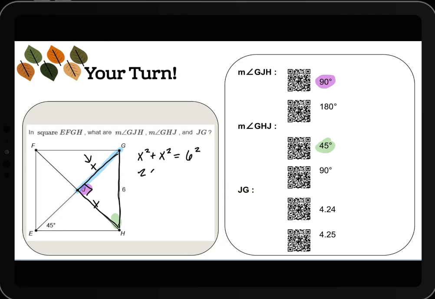So we have 2 times X squared equal to 36. We can divide both sides by 2 to get 18. And by taking the square root of 18, we can get our approximate answer, and that's going to be 4.24 units. So therefore, our answer needs to be 4.24.